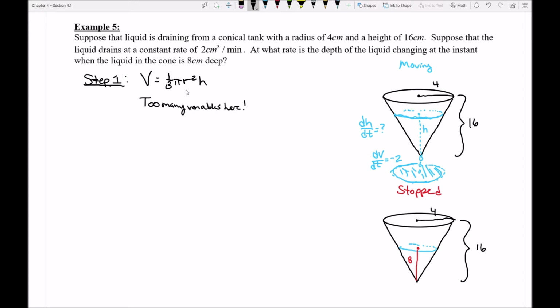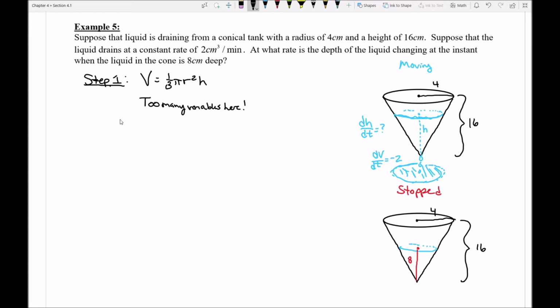And I can see this is going to be the case because if I was to take the derivative of this right away, I would know that in the derivative there would be a dr/dt and a dh/dt. And while I know that I'm looking for the value of dh/dt, I'm not looking for the value of dr/dt, and I'm not given the value of dr/dt. And so I wouldn't be able to evaluate this derivative very easily.